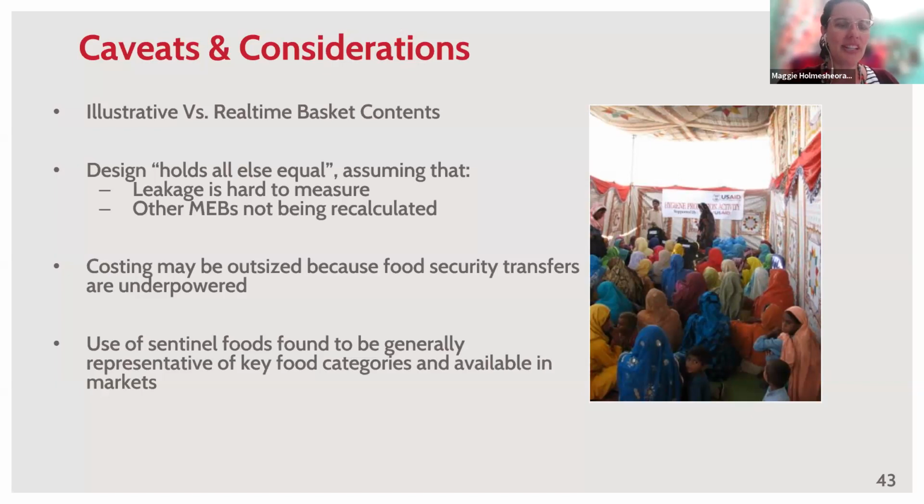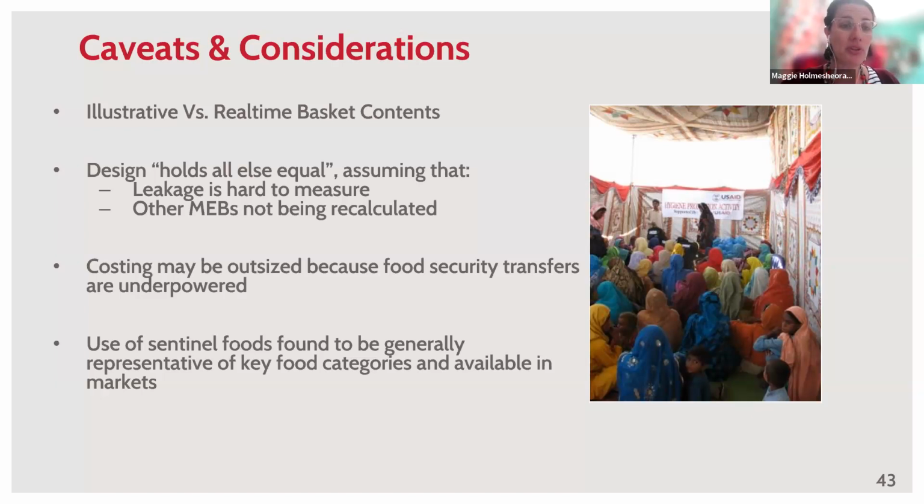We ensured that our design held all else equal. We assumed that we're not going to be able to measure leakage. And so we didn't do a bonus or a bump out for either of the groups of concern, because it's tricky, understanding that the foods will come into the house and other people will probably share the foods, but sharing or leakage is really tricky to measure.